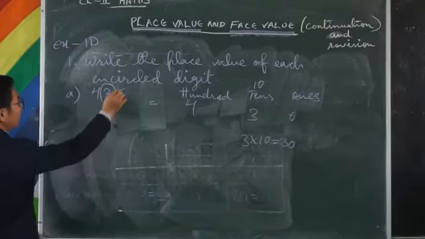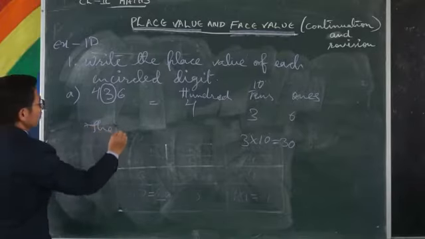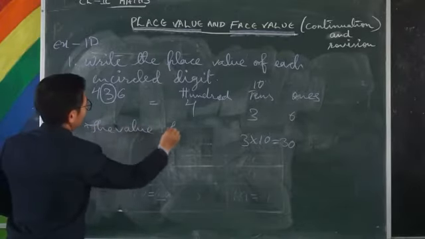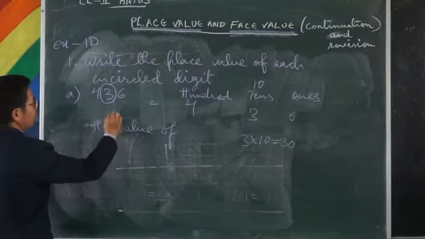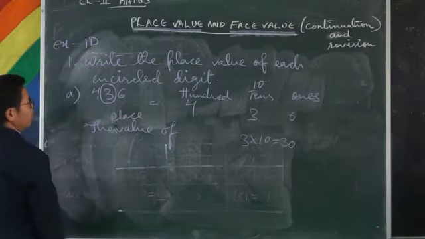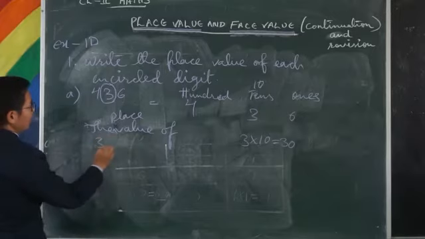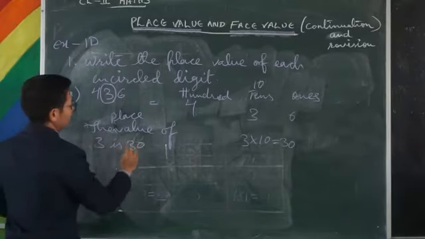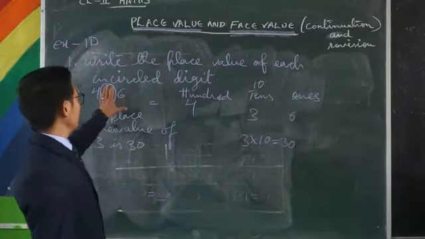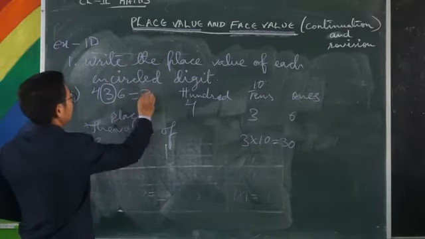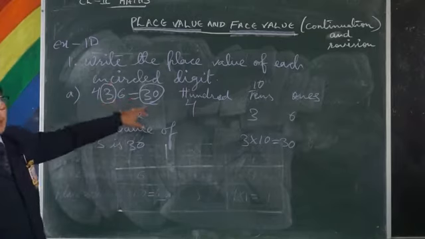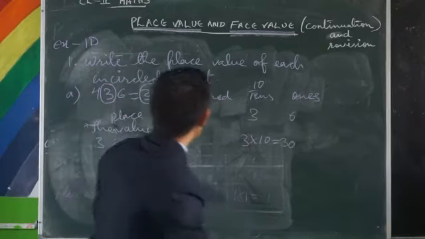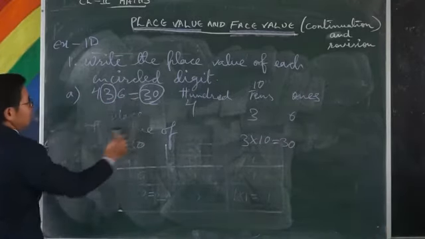The place value of 3 is 30. In the blank you can write 30. This is very simple.